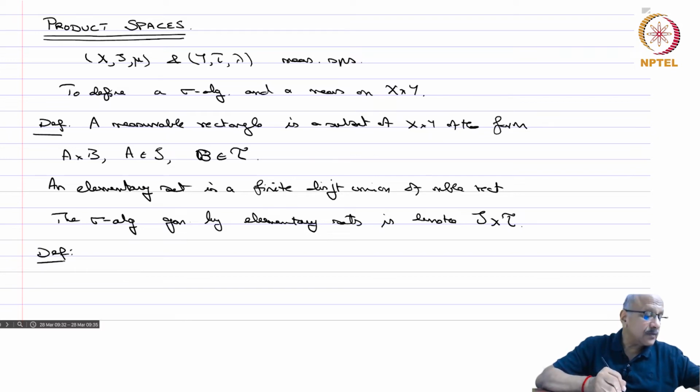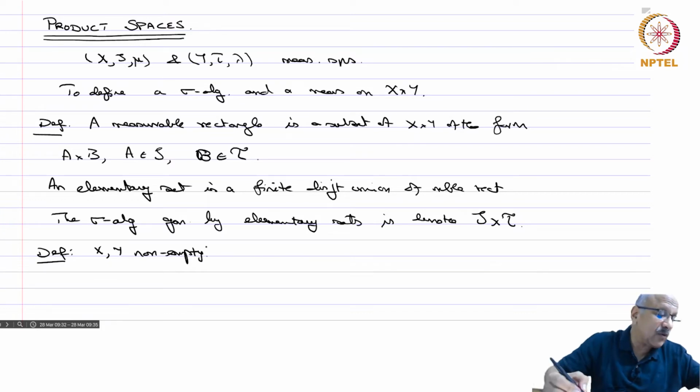Next definition: X, Y non-empty. Of course, they are always non-empty, so we don't have to say this again.